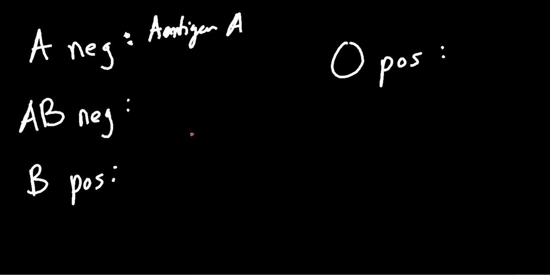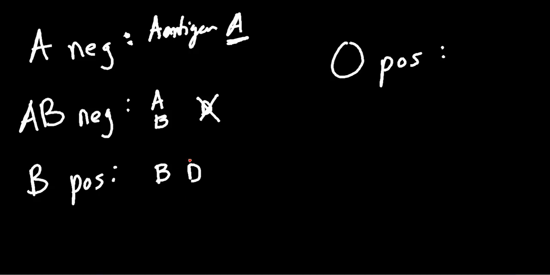So let's go back here. A negative means we're going to have A, but we're not going to have B or D antigen. AB negative would mean you would have antigen A and antigen B, but again, you don't have antigen D. B positive means you'll have antigen B present and you're going to have antigen D present.